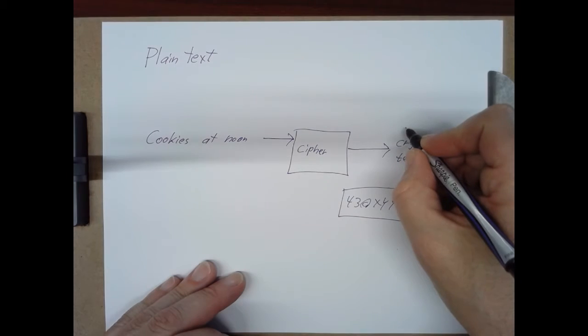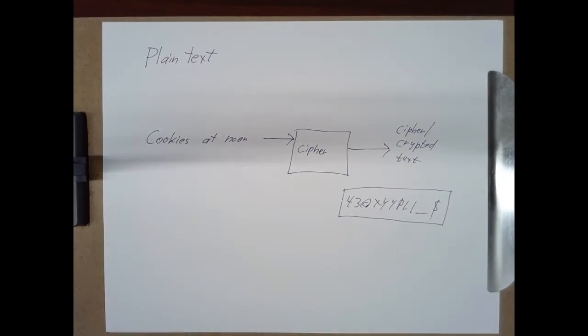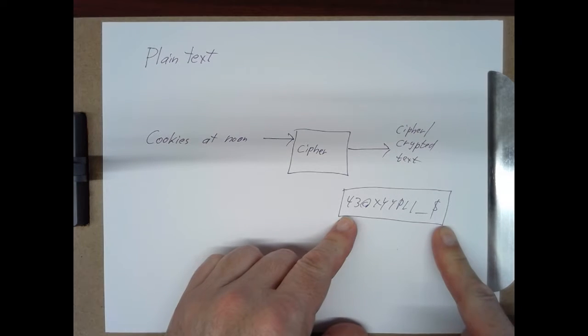So crypted text or cipher text. And if somebody intercepts the message on the way to the recipient, they look at the piece of paper and it says this, they have no idea what that message says.